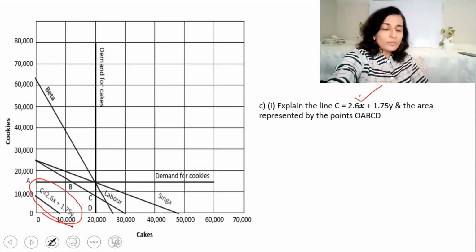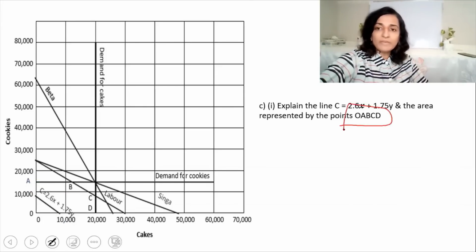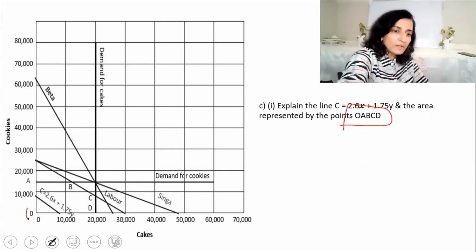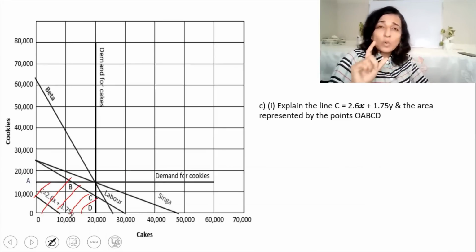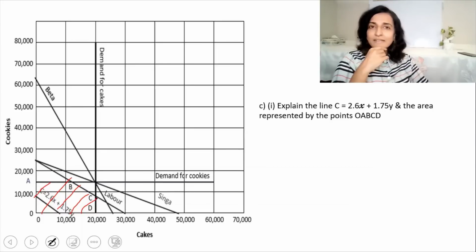And the area represented by OABCD. So the area is this area. What is that area which satisfies all the linear inequalities? It is the feasible region.